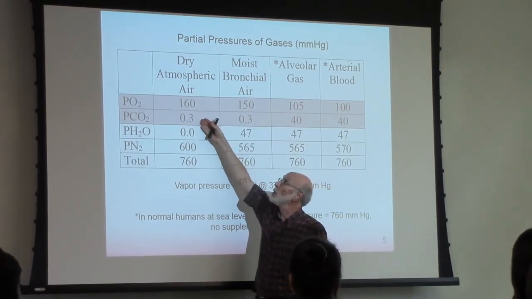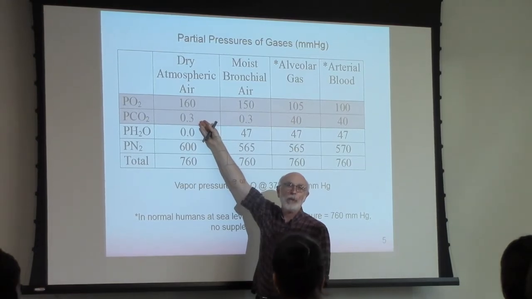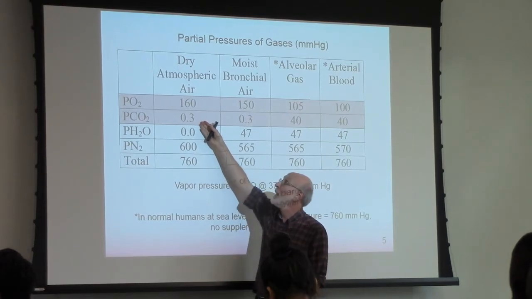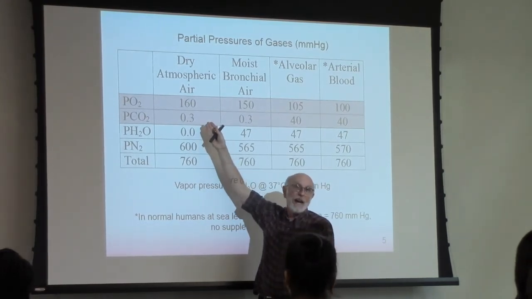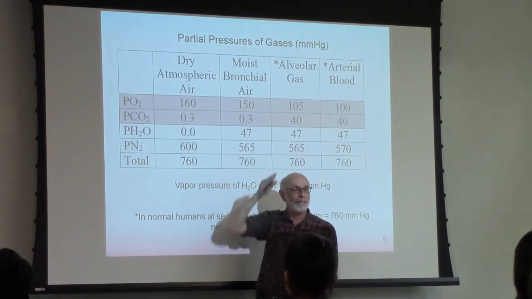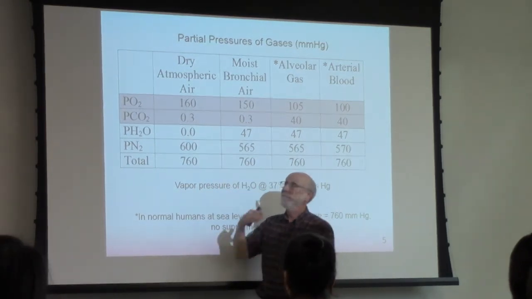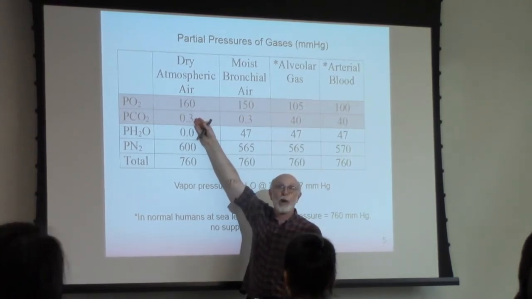This is the partial pressure of carbon dioxide in dry air, and this is actually an old number, because the partial pressure of carbon dioxide is now higher than it was when this table was made 10 years ago, and so this is closer to 0.4. The partial carbon dioxide is increasing, and you all know about carbon dioxide emission, the greenhouse effect. Well, this is now a lowish estimate of the partial pressure of carbon dioxide.